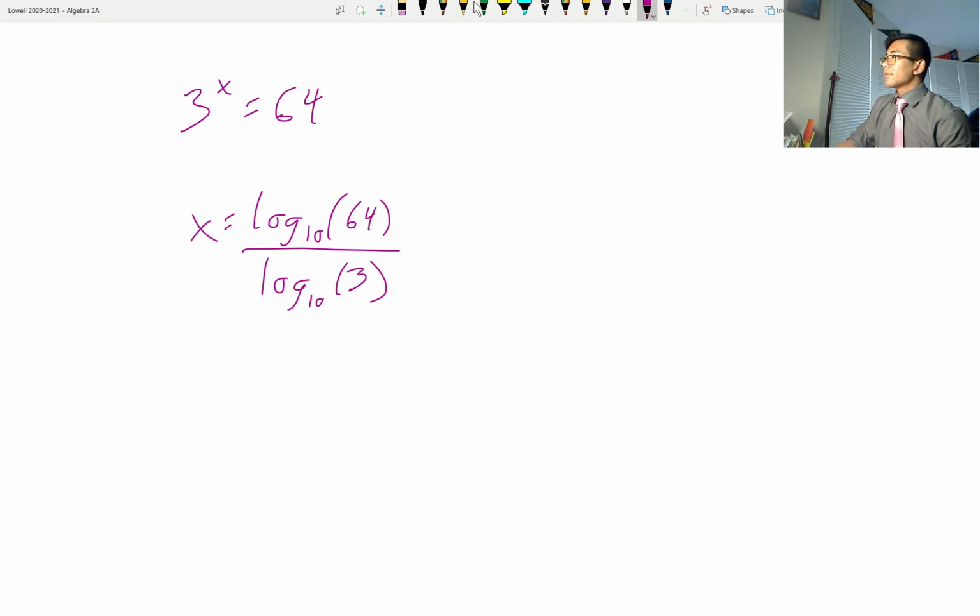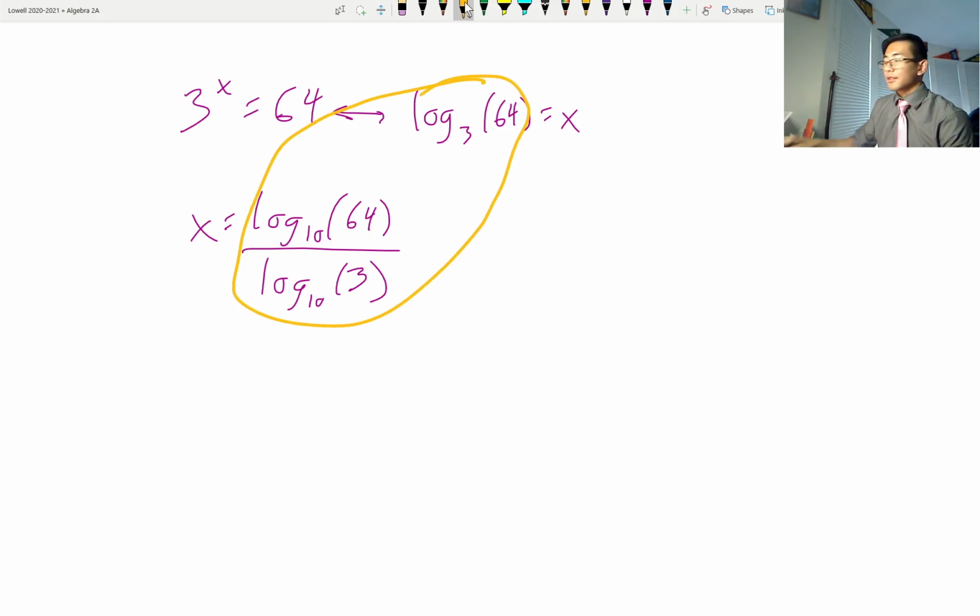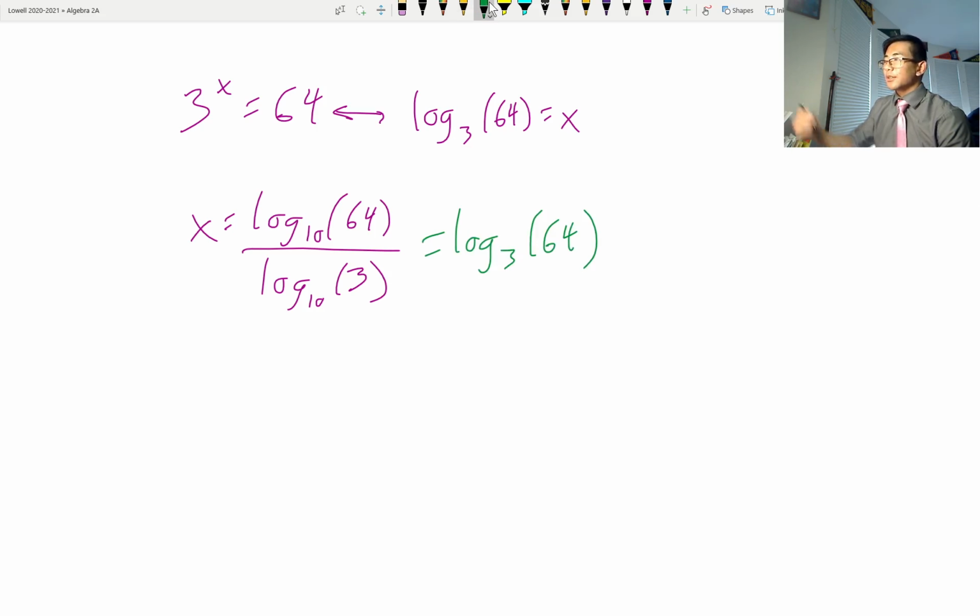We can see here that this can also be written as log base 3 of 64 is equal to x. And I want to just kind of compare and contrast these two expressions, because these are both equal to x. And so if I just bring this down here, what we said is that log base 3 of 64 is equal to log base 10 of 64 divided by log base 10 of 3.